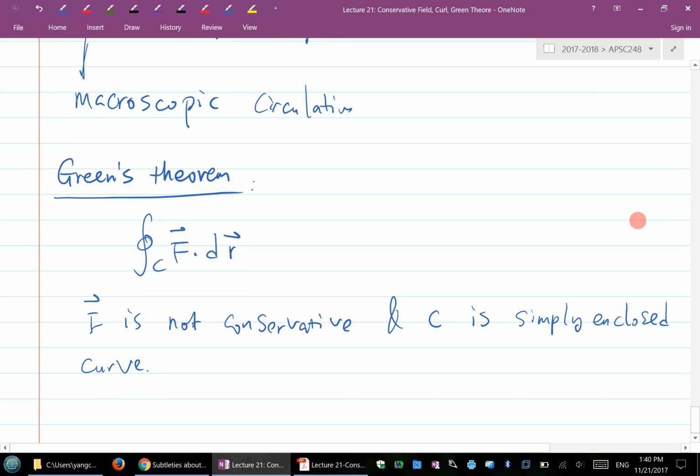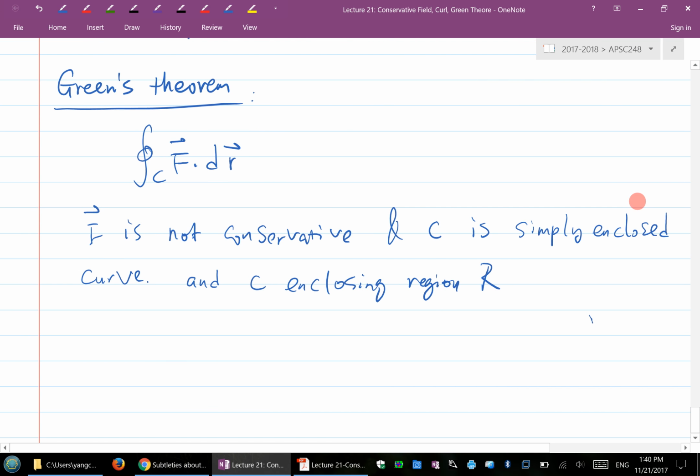It's maybe just a very simple curve C like this. So if it's a simple closed curve C, and C encloses a region R. Whenever you have a curve C, it encloses a region R.